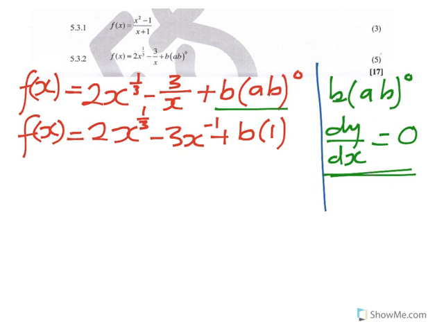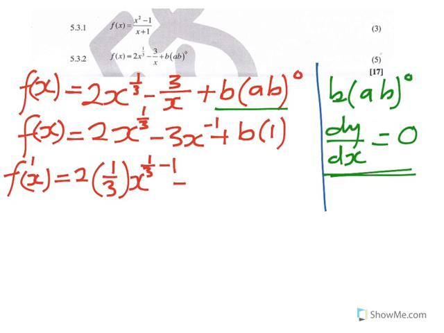So now let's continue. We are now using the rules of differentiating. F prime x is equal to 2. You drop the 1 over 3, x to the power 1 over 3 minus 1, minus 3. You drop the minus 1, x to the power minus 1, plus a 0.